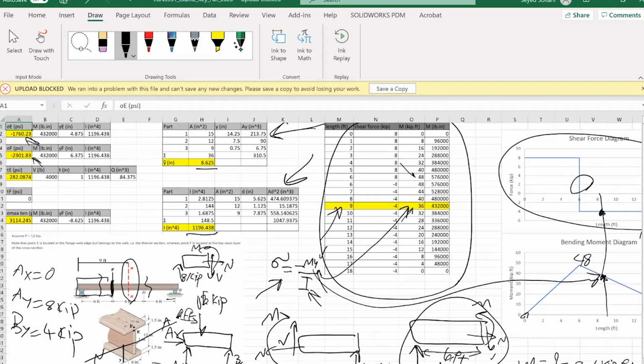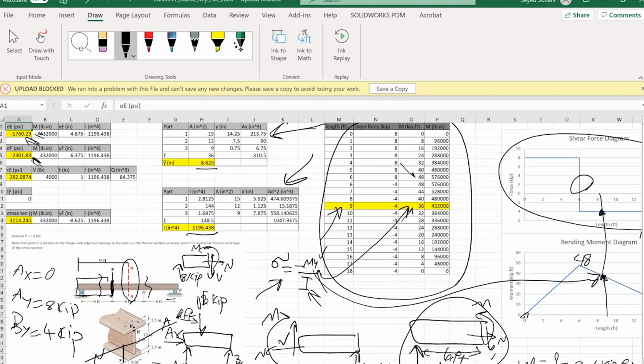In which case, I'm going to get the two values that I'm showing to you right here. Obviously, we get negative stresses, but keep in mind that the stress at point F should for sure be larger in magnitude than the stress at point E. Why? Because it's farther away from the neutral axis.